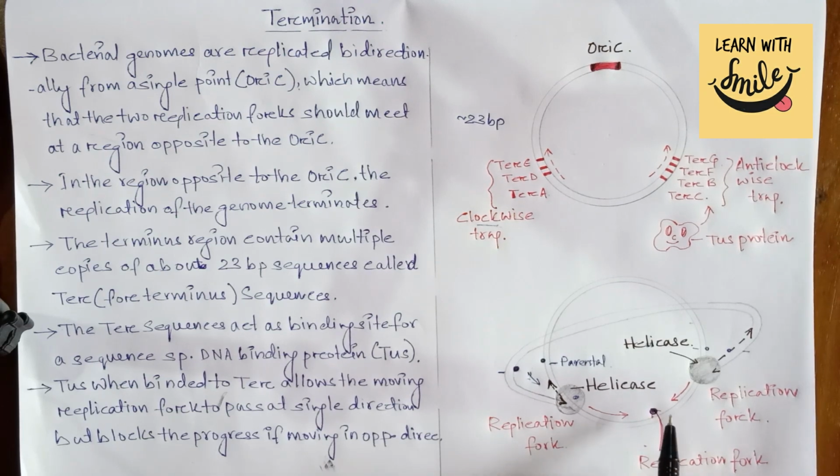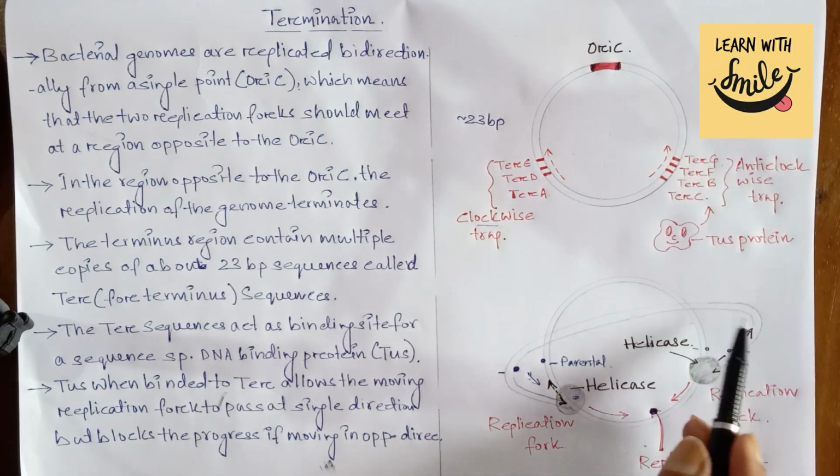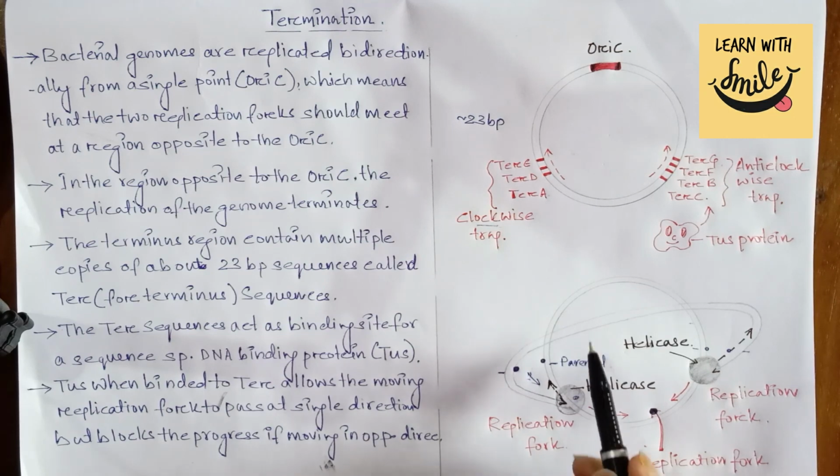So both the replication forks would be trapped here, and this would mark the end of the replication process.